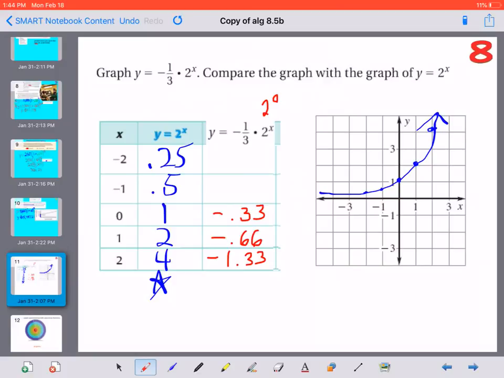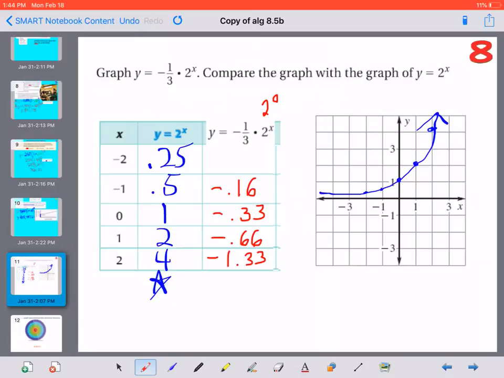Negative 1/3 times 2 to the negative 1 power gives us, one second here, negative 0.16.